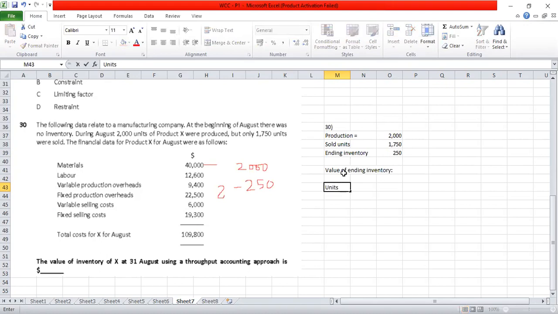Under units and cost, I'll put the logic here also. For the production of 2,000 units, they spend 40,000. Then for these 250 units, how much would be the cost? That's the logic there.